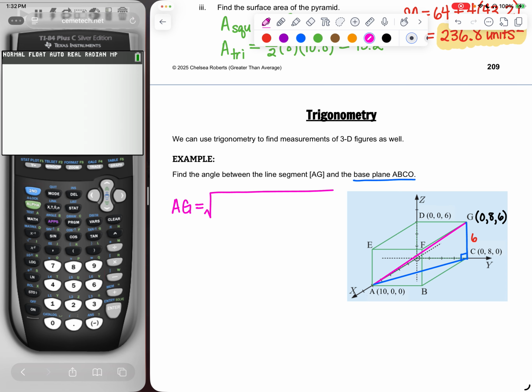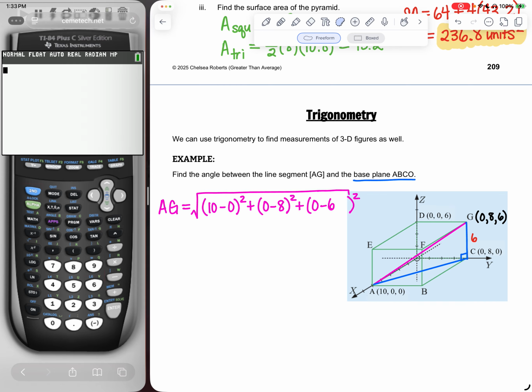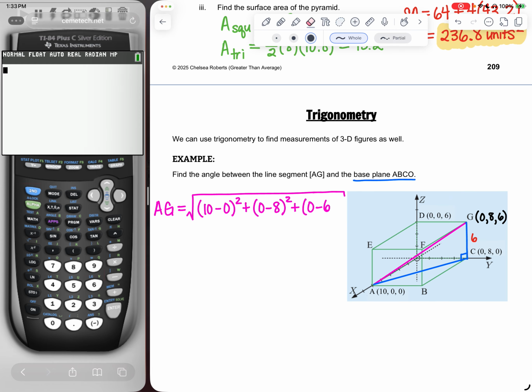That would be 10 minus 0 squared plus 0 minus 8 squared plus 0 minus 6 squared. All right. So that will be the length there.